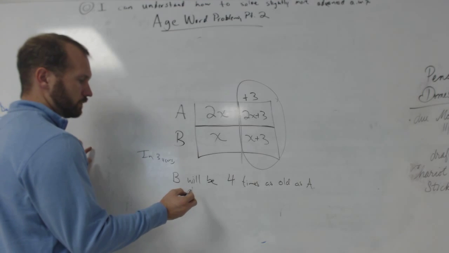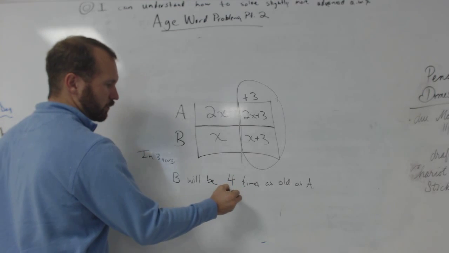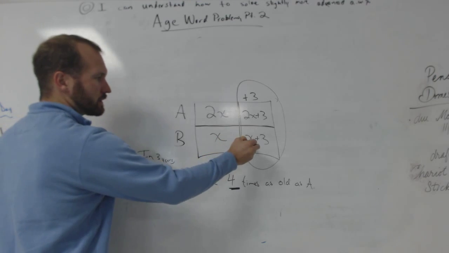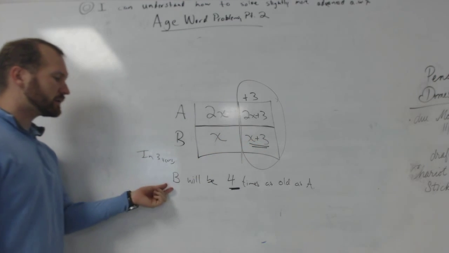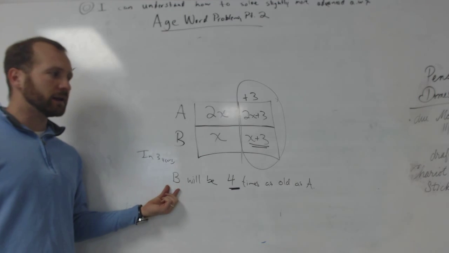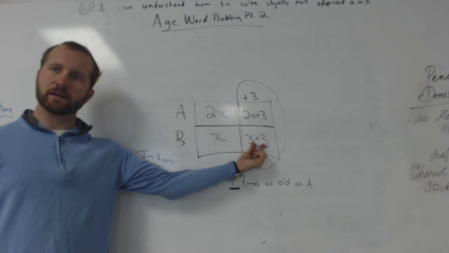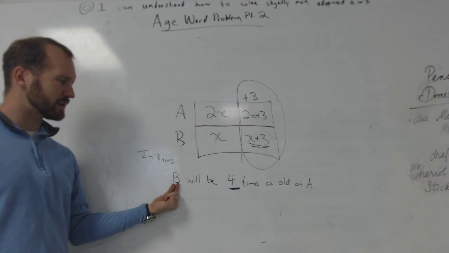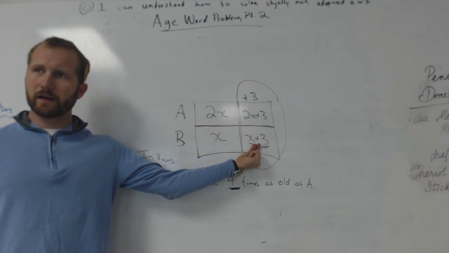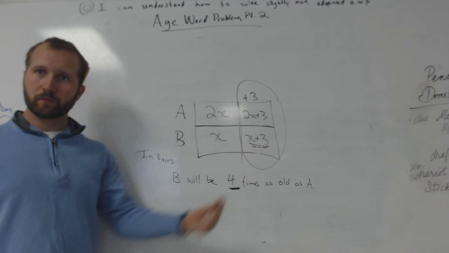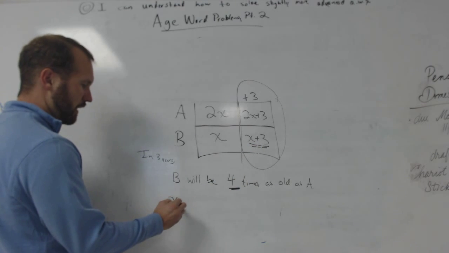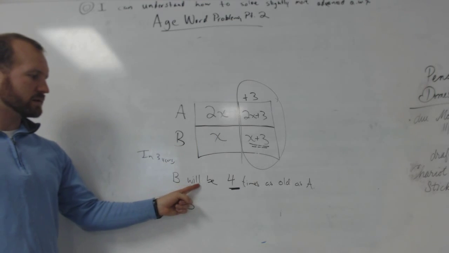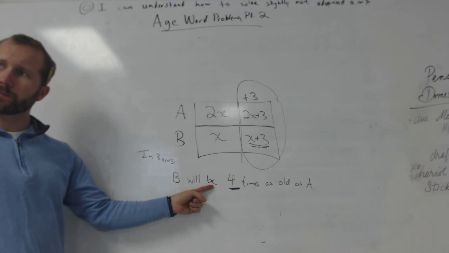Close. You're talking more about this part, the 4 times. B means this number. So let's say it was like Bonnie. Bonnie is this. That's what's a little tricky about these. You have to get used to a person's name representing an expression. So Bonnie is, in math, x plus 3 in this problem. What does the will be mean?